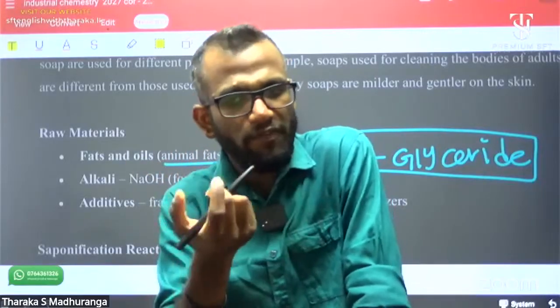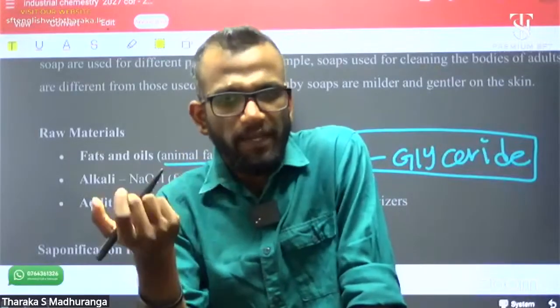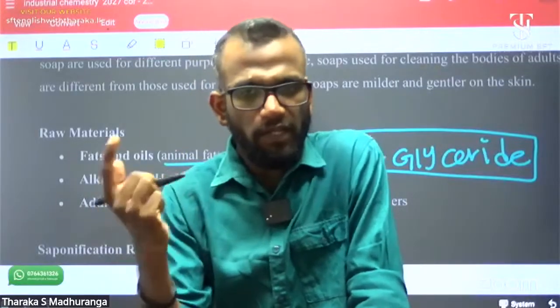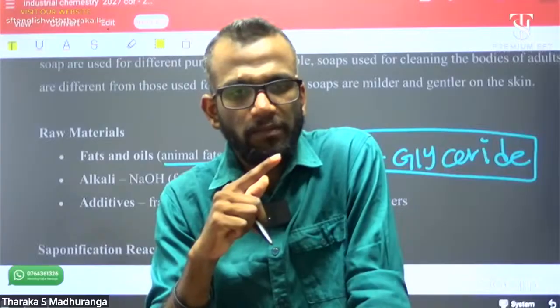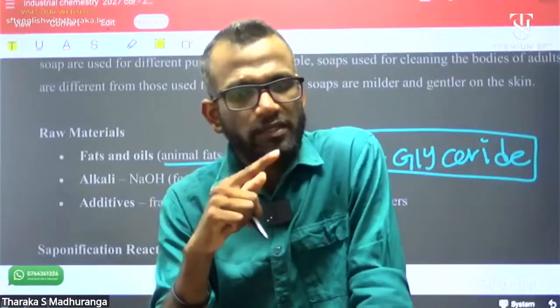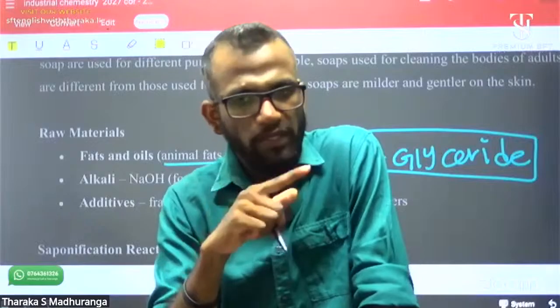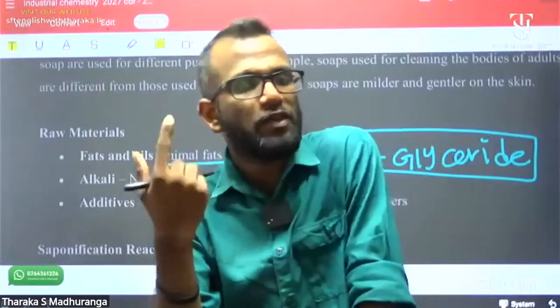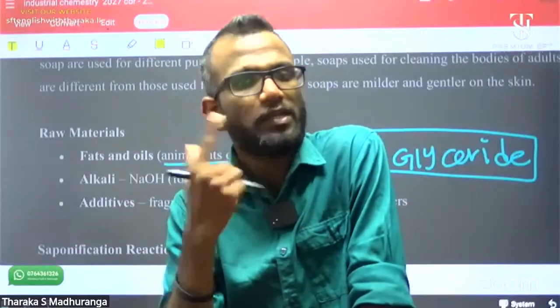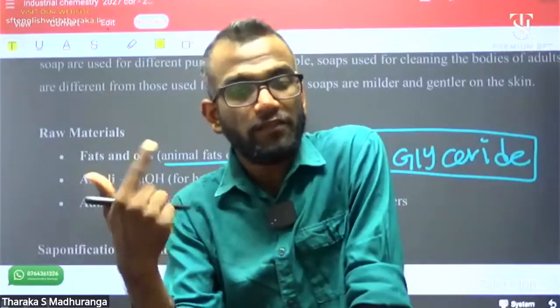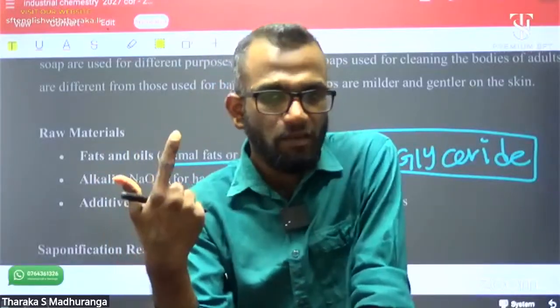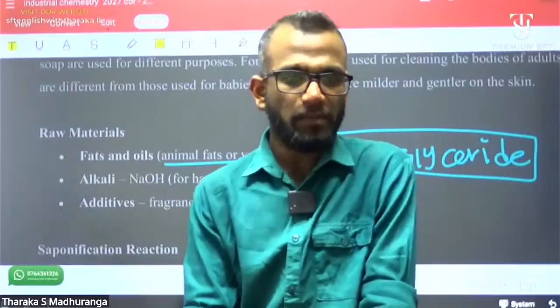Triglyceride means fat or lipid. At room temperature, a solid state lipid we call fat. At room temperature, liquid state lipids we call oil, right? I think you can remember.